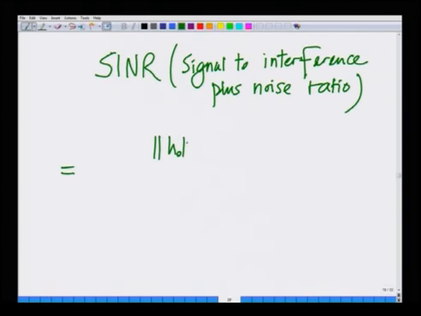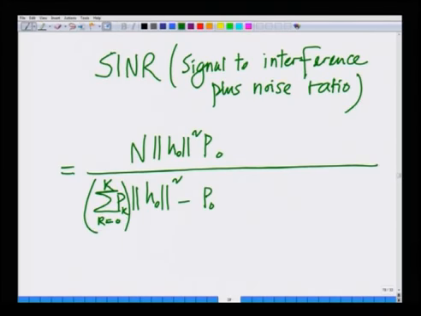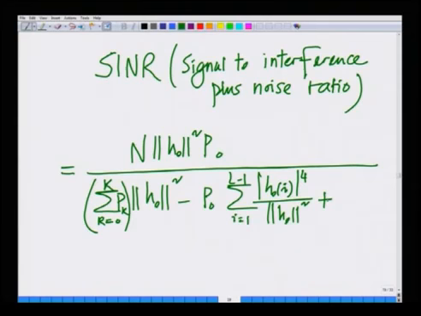norm H0 squared P0 into N, this is the spreading gain, divided by summation k equals 0 to K, magnitude H0 squared, minus P0 summation P_k, sorry, summation P_k, k equals 0 to K, magnitude H0 squared, minus P0 summation i equals 0 to L minus 1, H0i magnitude to the power of 4, divided by magnitude H0 squared plus sigma_n squared.